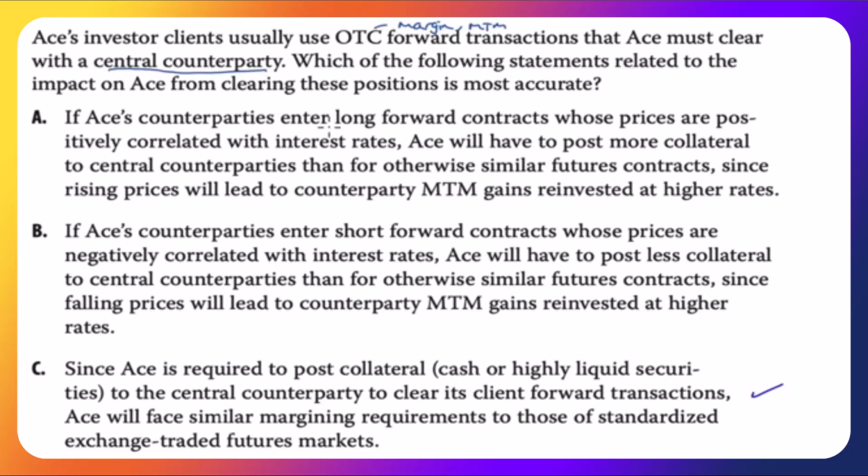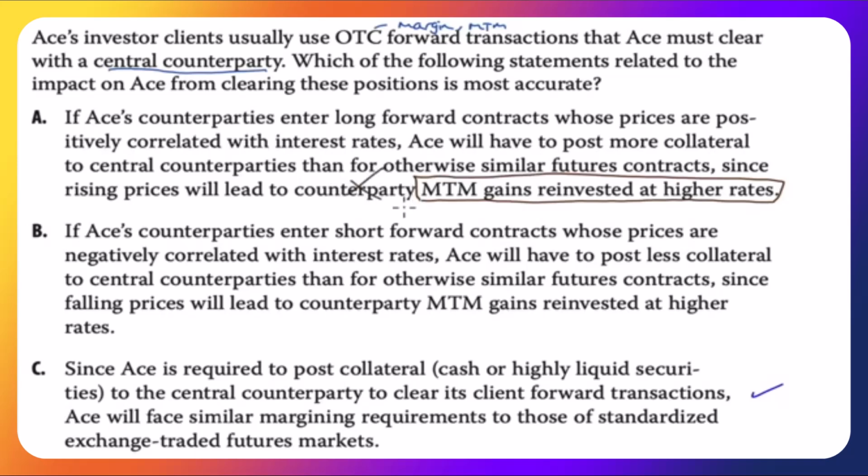If ACE's counterparties enter long forward contracts whose prices are positively correlated with interest rates, ACE will have to post more collateral to central counterparties than for otherwise similar futures contracts, since rising prices will lead to counterparty mark-to-market gains reinvested at higher rates. If you're getting mark-to-market gains that you're reinvesting at higher rates, that has nothing to do with the level of margin that you have to post.